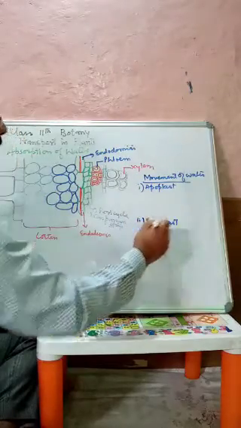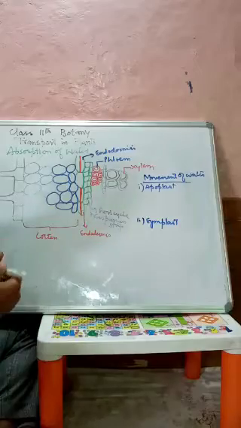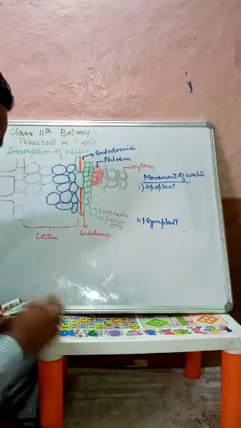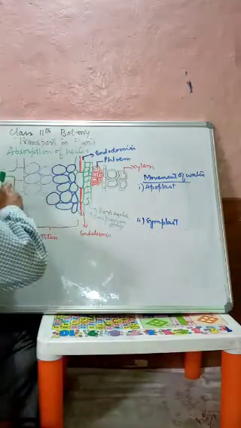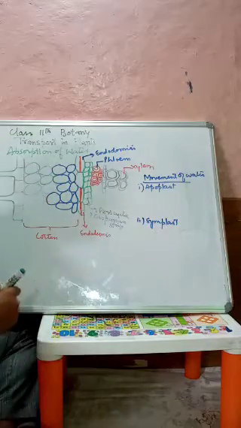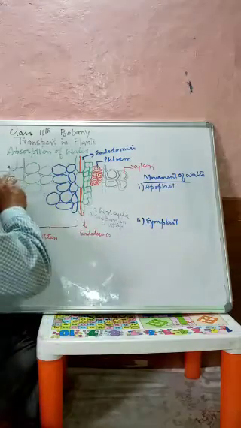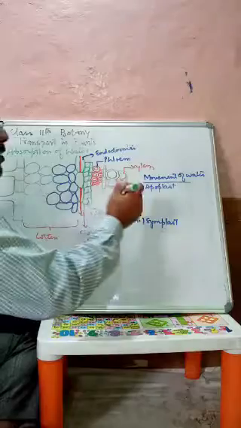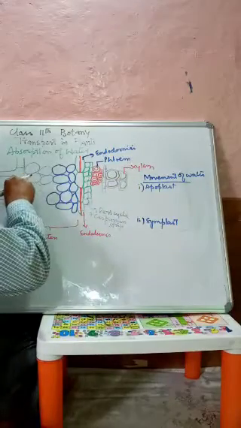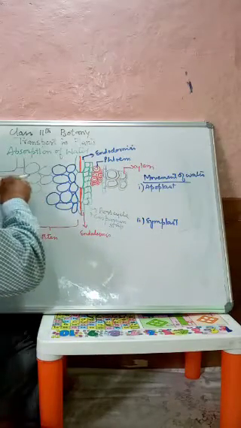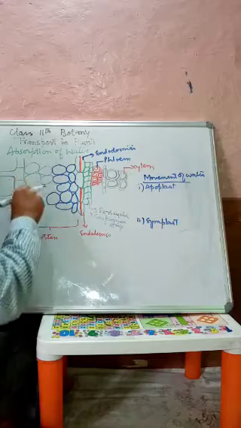What happens in the apoplast? Here the water molecules do not cross the barriers of the cell. They do not cross through the membranes of the cell.